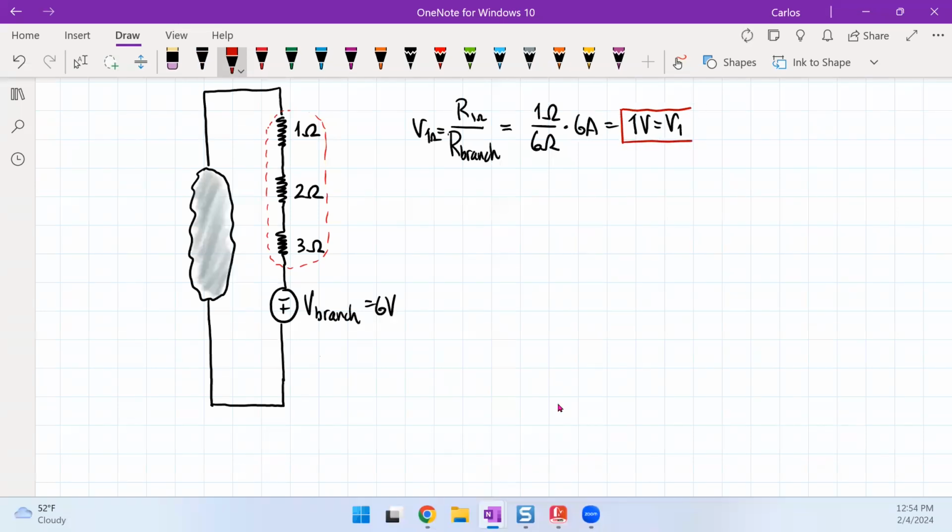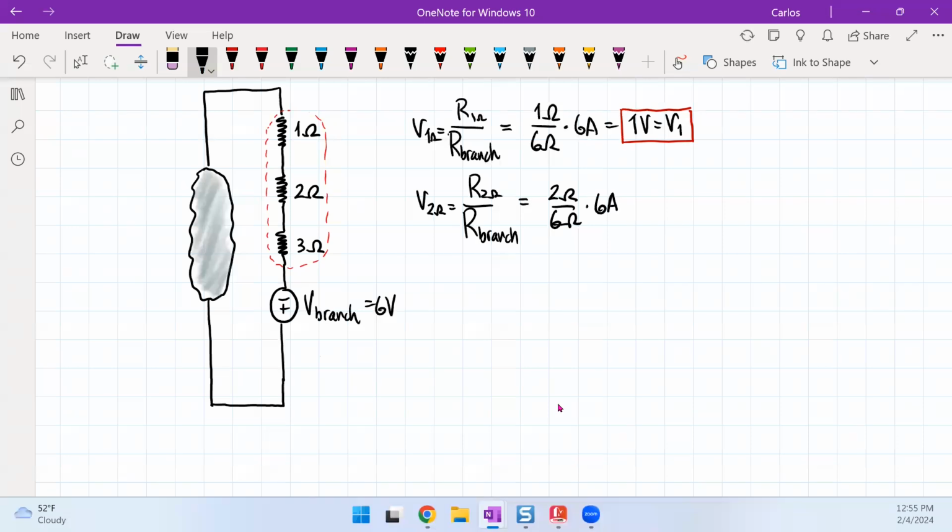I know what that voltage is. So if I continue along the same line, you could then see that V2 ohm is going to be V branch divided into R2 ohm. And so this will then be 2 ohm divided by 6 ohm times 6 amps.